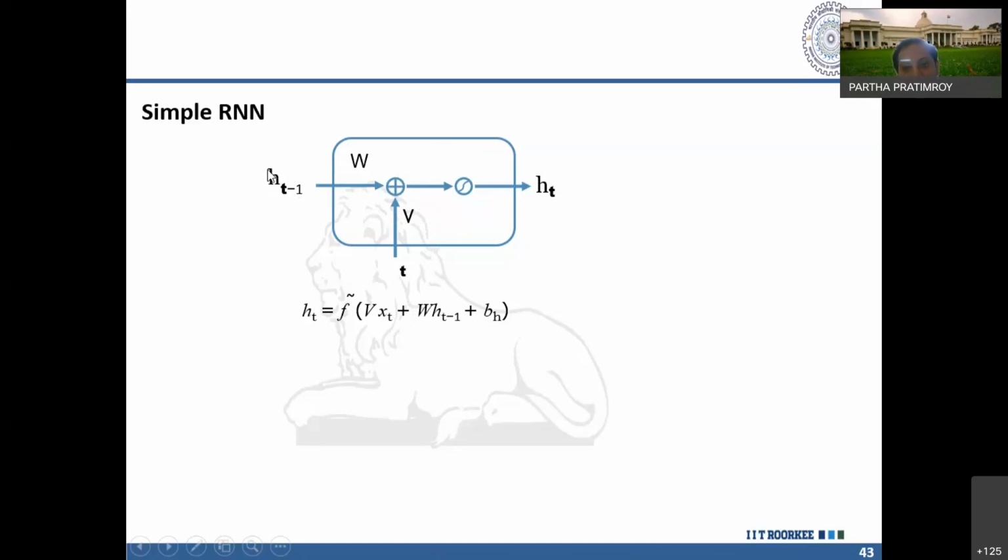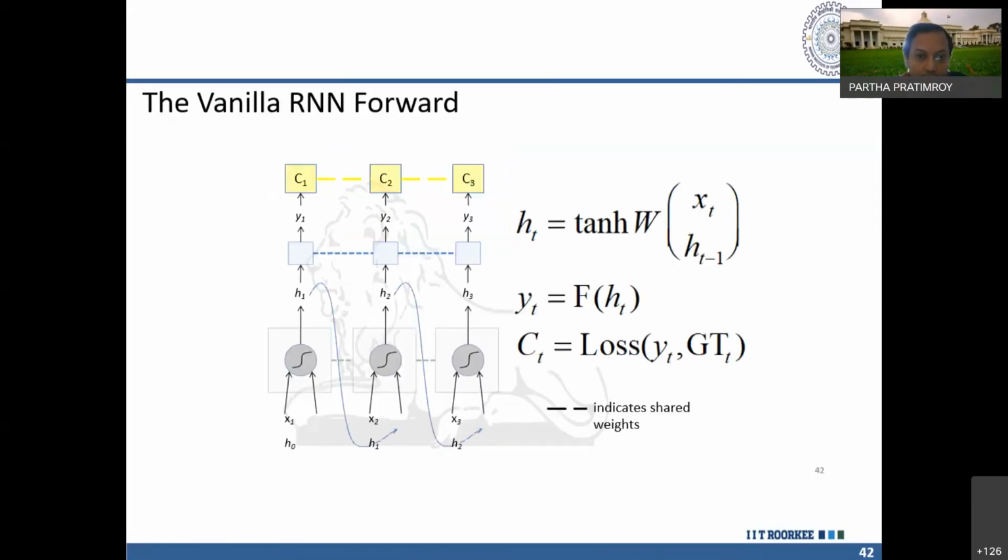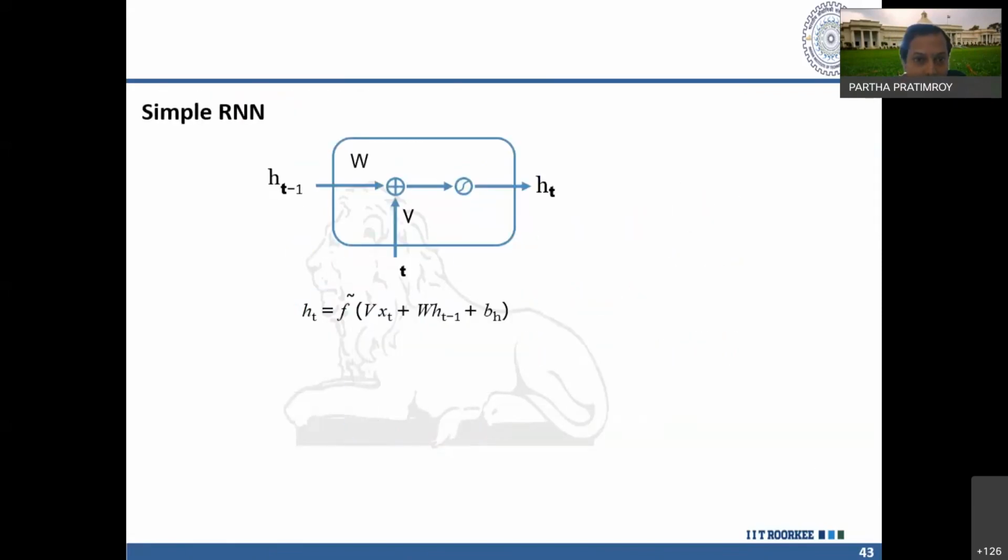In the previous layer you could also have 4 or 5 outputs; from the hidden layers you can have 3-4 outputs. So you have W1 into ht minus 1, plus W2 into ht minus 1. Whatever information you have, you multiply, and then you add the bias.